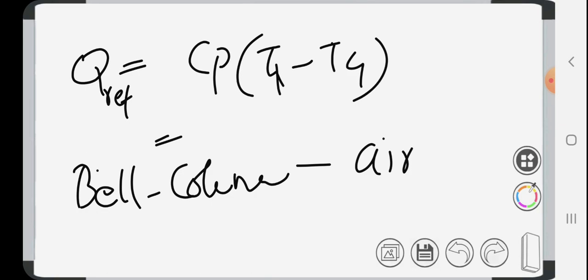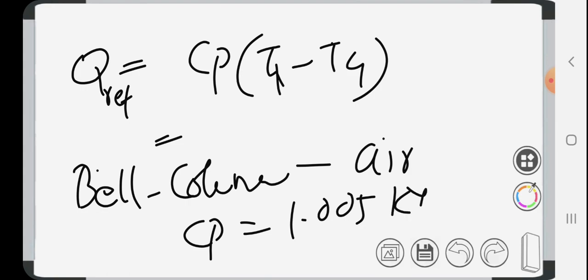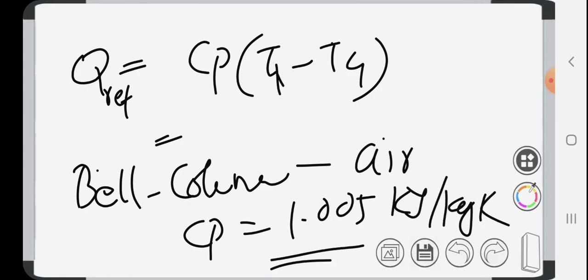So Cp will be 1.005 kilojoule per kilogram Kelvin. You should always remember this value. It won't be given in your problem, because these values should always be in your memory.